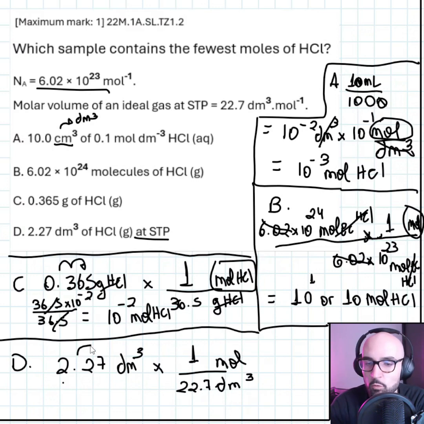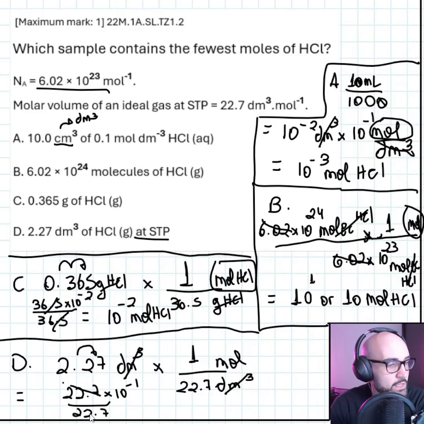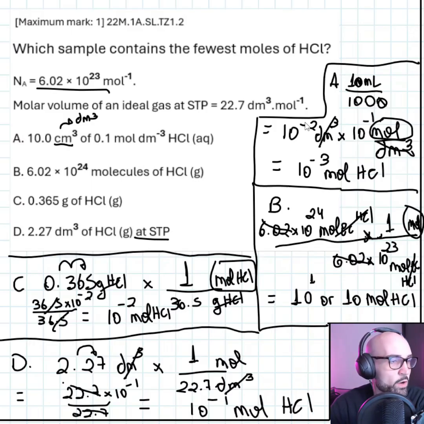If I advance this 1 place to make it 22.7, I'm going to cross out liters with liters. 22.7 times 10 to the negative 1 divided by 22.7. I'm going to cross out the number and I'm going to be left with 10 to the negative 1 moles of HCl. So the winner is alternative A. The fewest amount of moles is alternative A, where you have 10 to the negative 3 moles of HCl.